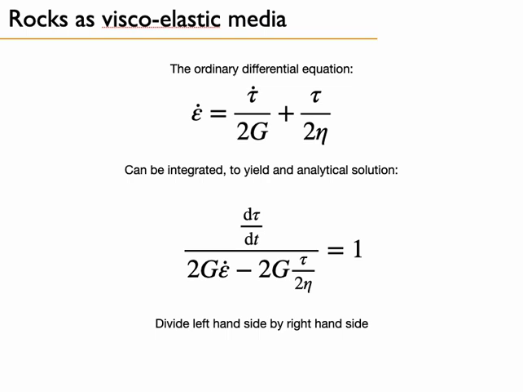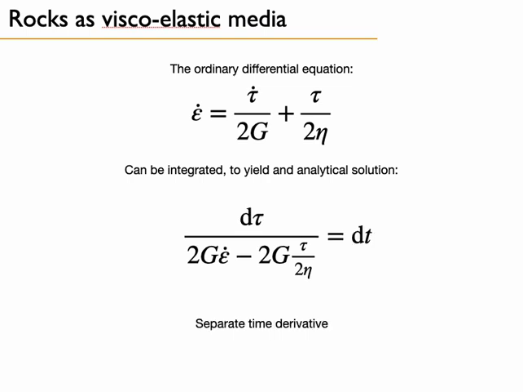The next step is called separation of the time derivative. So we add d tau dt, and we multiply the right-hand side by dt. So dt is sitting here, and we have this expression on the left-hand side.